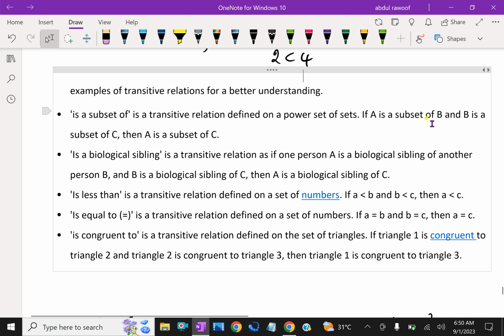If A is a subset of B and B is a subset of C, then of course A is a subset of C. Being biological siblings is also a transitive relation, because if person A is a biological sibling of person B, and B is a biological sibling of C, then A is a biological sibling of C.